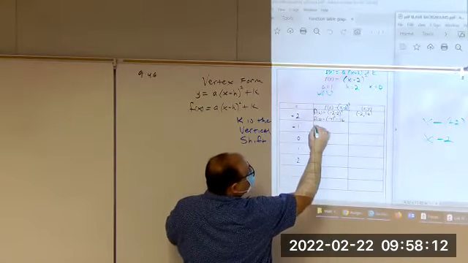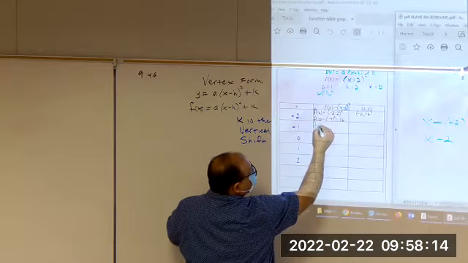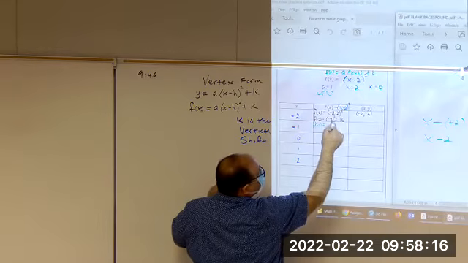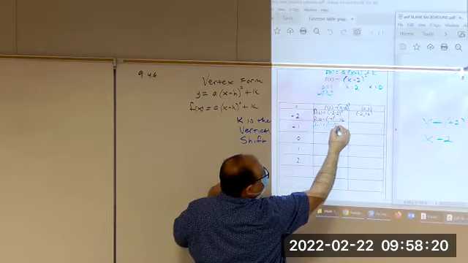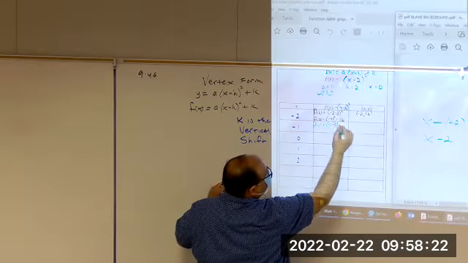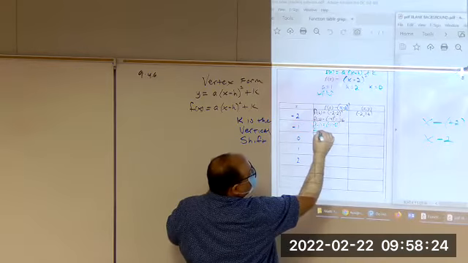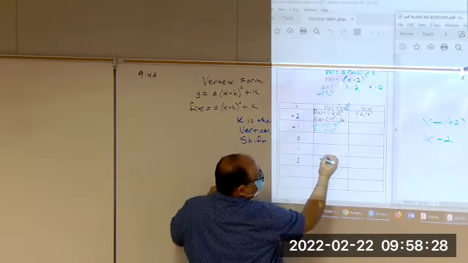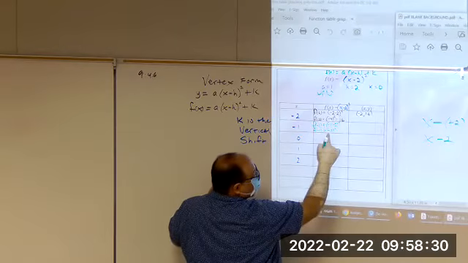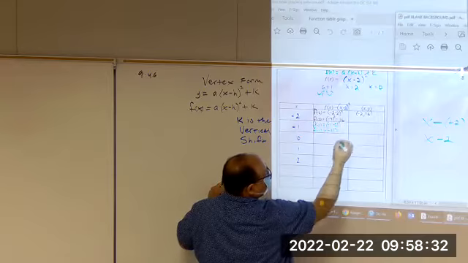Negative 1. So in the parentheses, x minus 2. So negative 1 minus 2, squared. So f of negative 1 is negative 3, and then you square. Negative 3 squared is a positive 9.